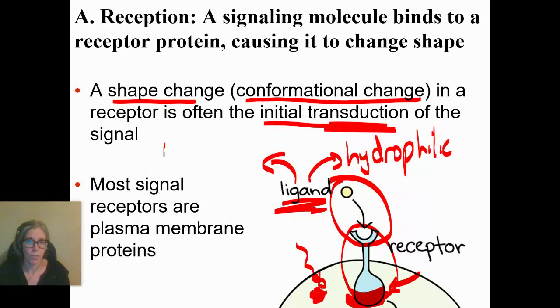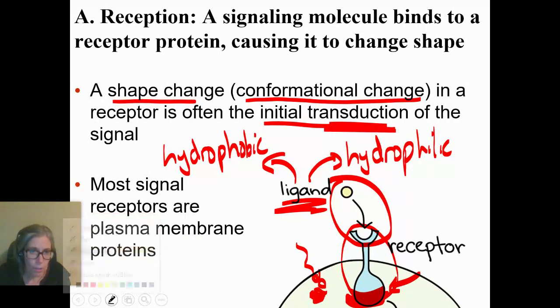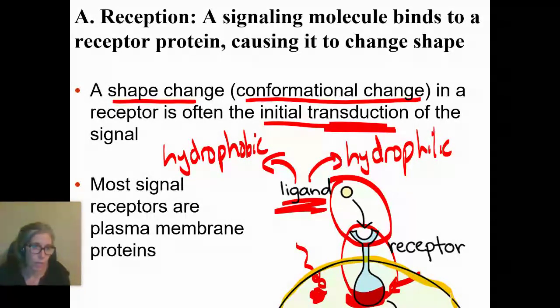They're lipid soluble, they're hydrophobic. So you might remember that the cell membrane is made out of a lipid bilayer mainly, with some embedded proteins and carbs. And the lipid bilayer looks like this. Remember, it's got those phospholipids, that's one layer, and then it has another layer, like this.